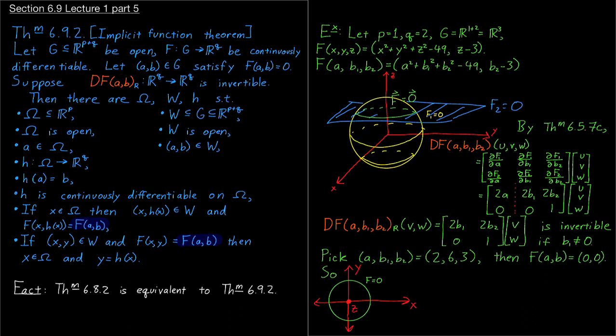And here is our point, our point 2, 6, 3. And then omega would be a region like this.